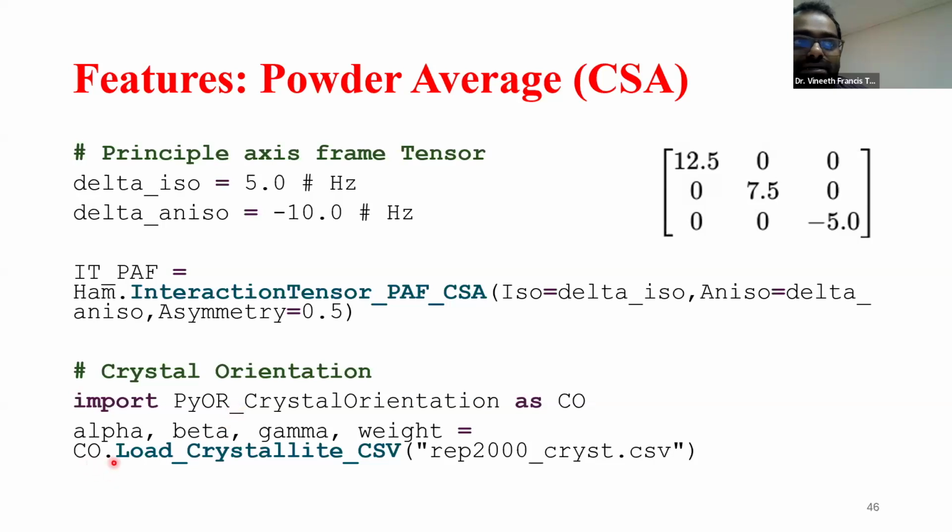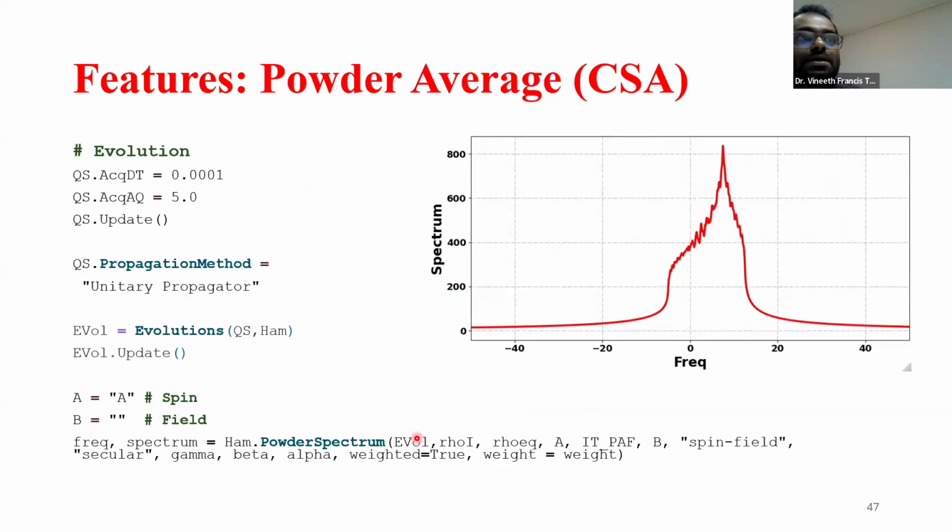By using this load crystalline CSV, you can load those orientations, and you can make these variables alpha, beta, gamma, and weight from that, or you can define your own. Now you evolve by defining the dwell time and acquisition time, and you are going to propagate using the unitary propagator. So you define that. Now use the evolution function to evolve.